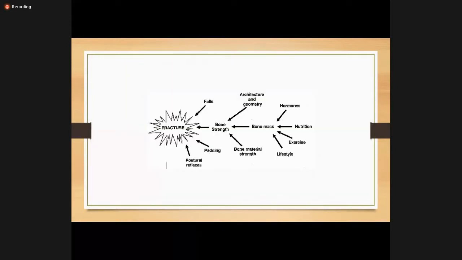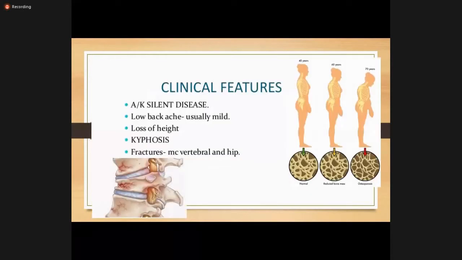These are all the factors leading to fractures. You have to try to avoid and minimize these. Clinical features we had discussed already, but just for the purpose of revision, it's a silent disease, sometimes a silent killer, because there are no symptoms of osteoporosis unless there is a fracture, which leads to pain at the involved site.